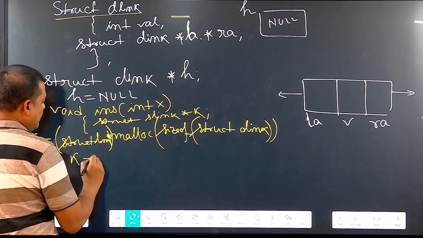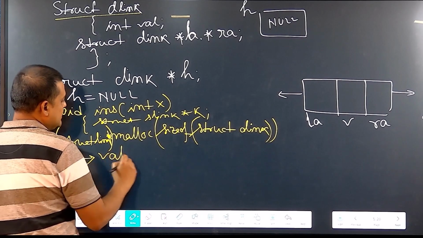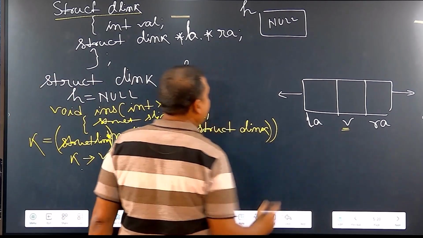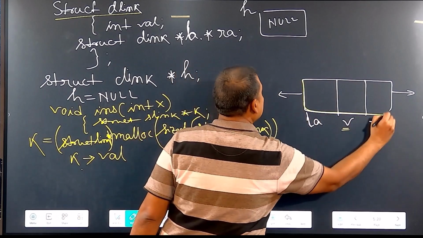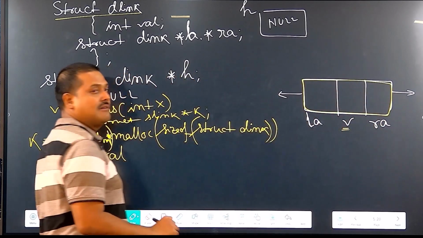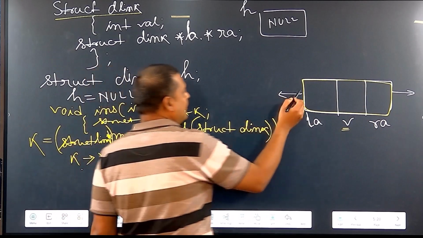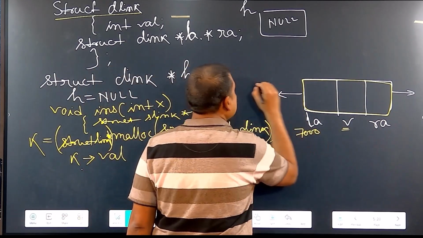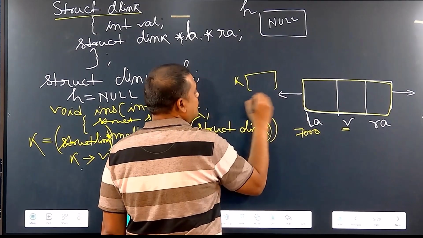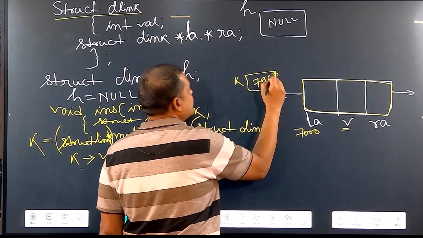So, k arrow value, this is our value part. Say for example, I have assigned some memory, like this is our memory that we have allocated, and say its base address is 7000. So, this is k, which stores the base address of this location.